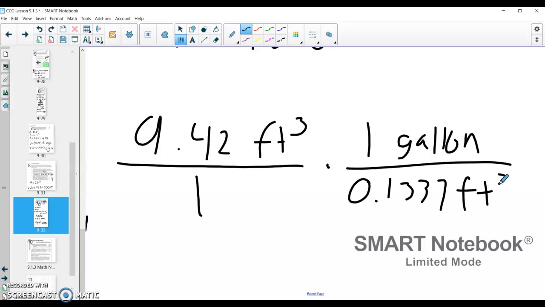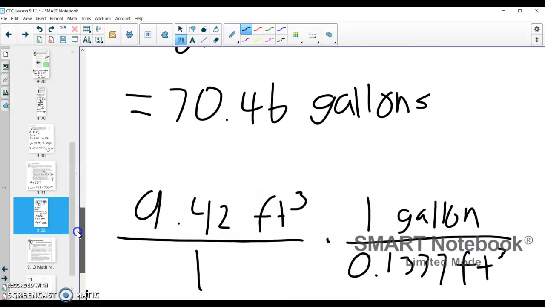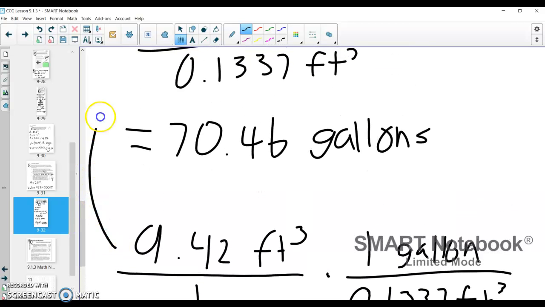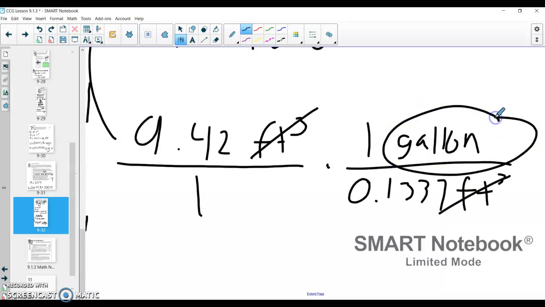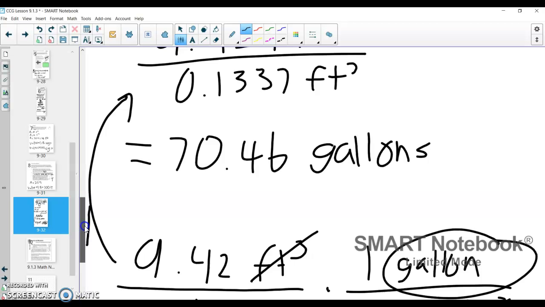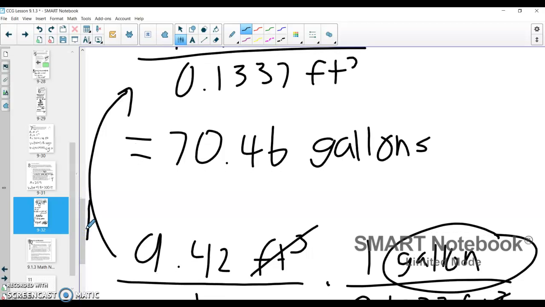And when we multiply these together, your feet are going to be canceling, because you have feet on top and feet on bottom. You're going to be left with just gallons. And again, reinforcing that we got 70.46 gallons.